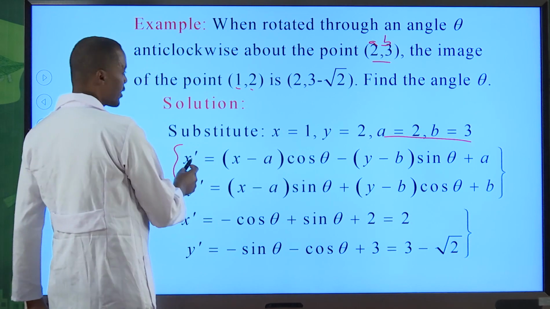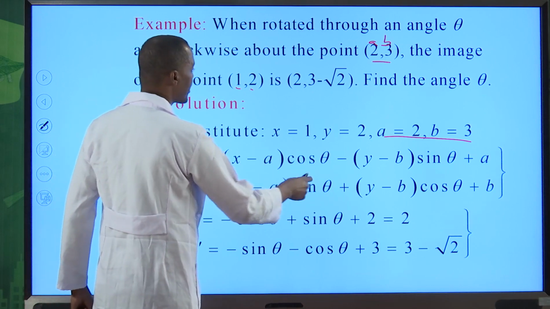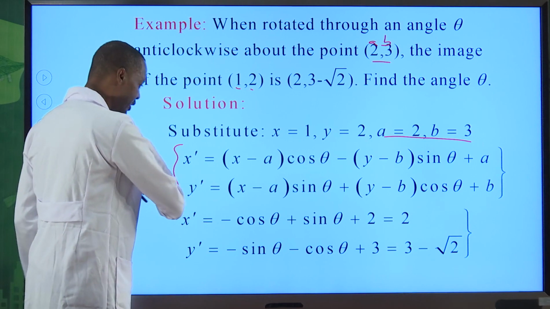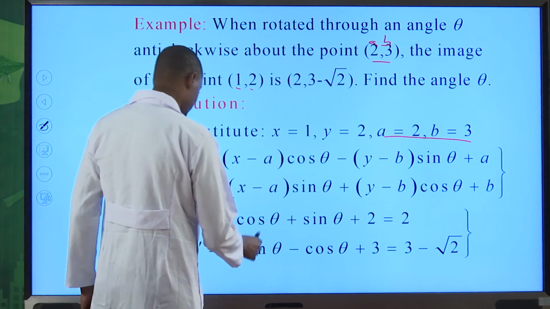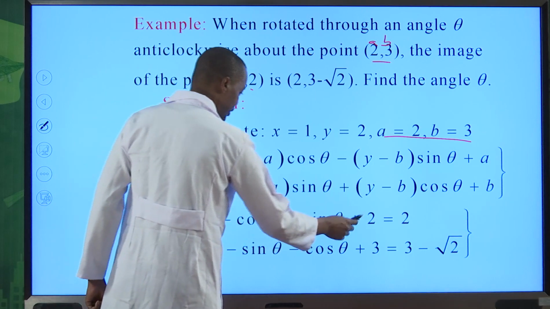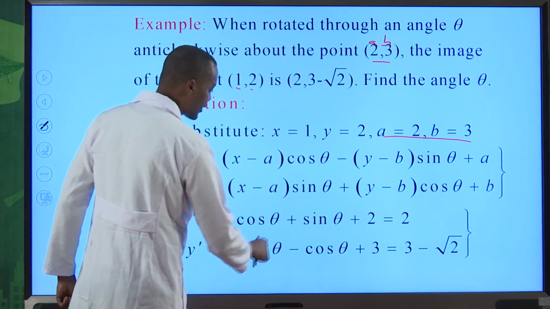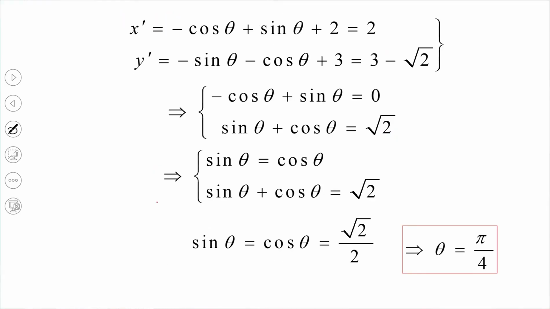Now x', y', a and b, everything is known except the angle, and by directly substituting, we get cosine theta plus sine theta plus 2 equal to 2, and y' equal to minus sine theta minus cosine theta plus 3 equal to 3 minus root 2.